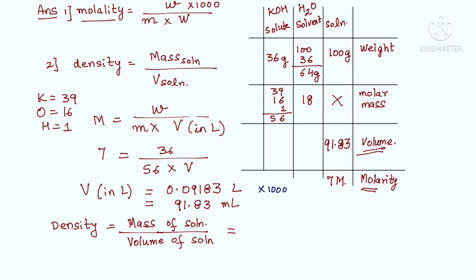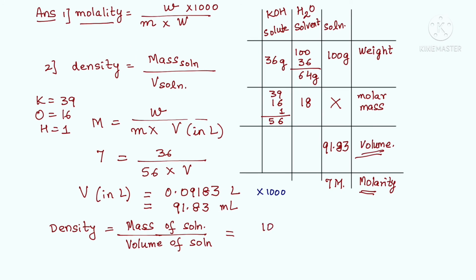The mass of the solution that we've got is 100 grams and the volume of the solution that you've calculated just now is 91.83 milliliters. This gives us a value of 1.088 gram per milliliter. Good going so far, right?